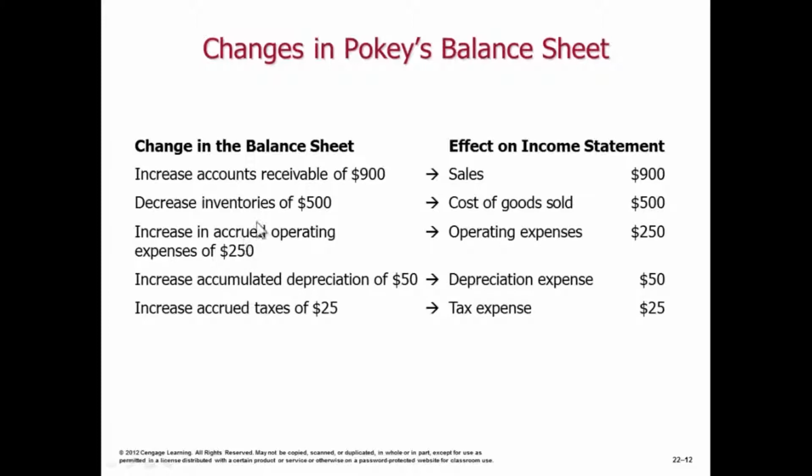I increased my accrued operating expenses by 250. My operating expenses go up by 250 on the income side. I increased my accumulated depreciation by 50. My depreciation expense goes up. I increased my accrued taxes by 25. My tax expense goes up. So here's the corresponding impacts on the income statement due to what we see taking place on the balance sheet.